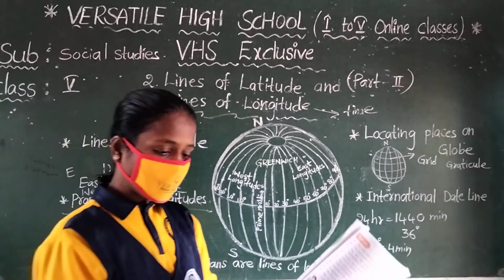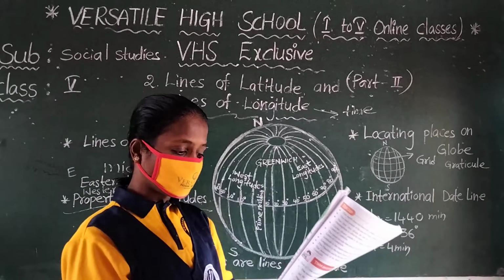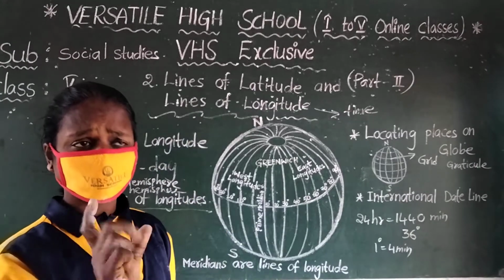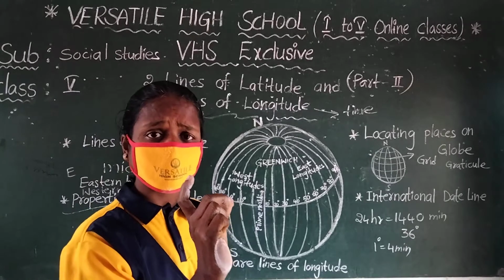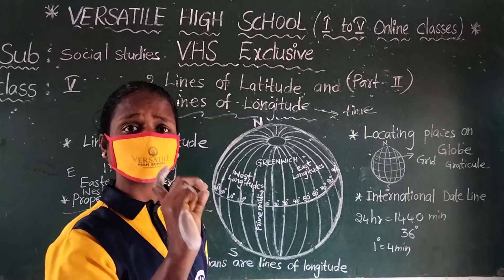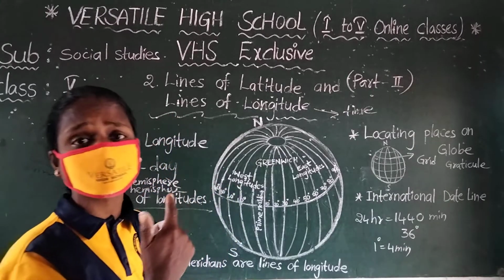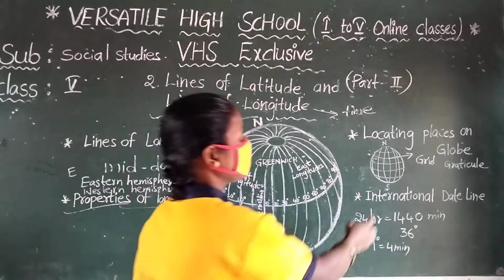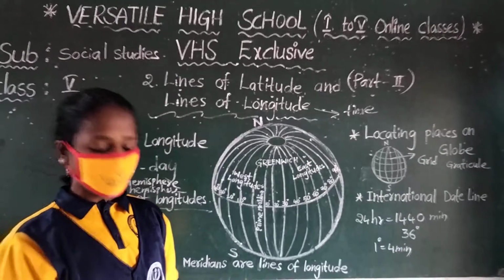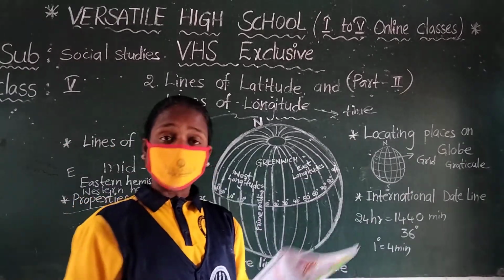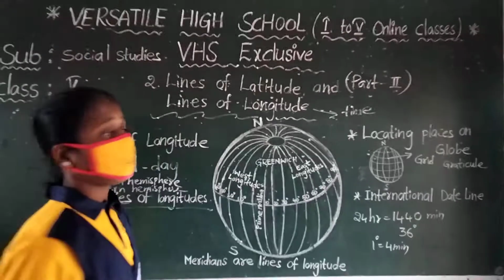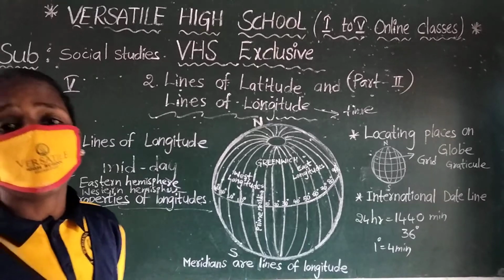The 180 degrees longitude is called the international dateline. If the earth rotates 1 degree, that takes how many minutes? 4 minutes. The 180 degrees longitude is called the international dateline. What do you say? International dateline. It is the 180 degrees longitude only, not latitude. We take only longitude.